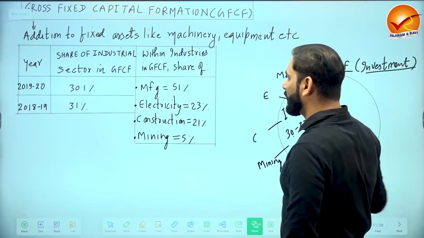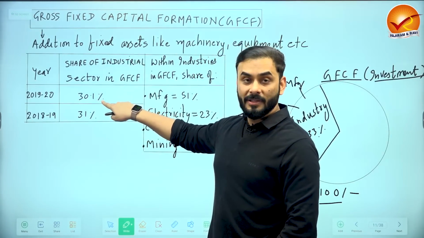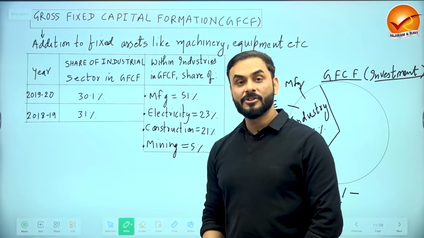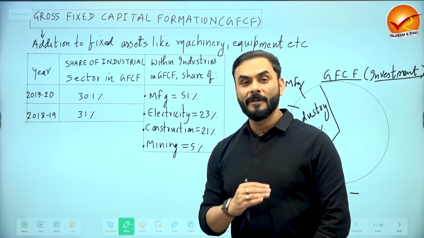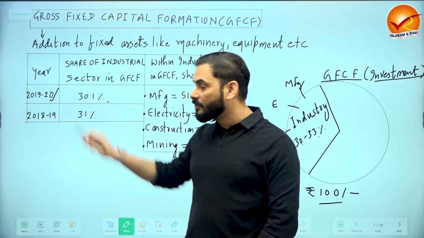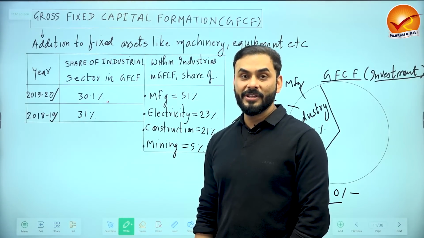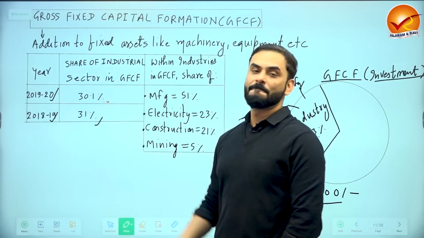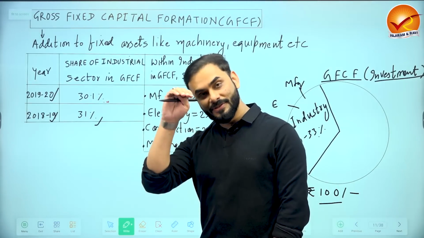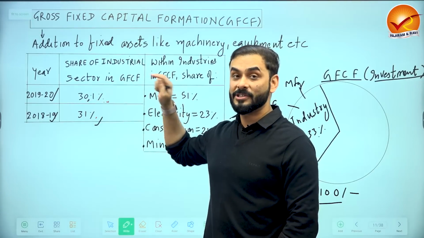We observed that in 2019, the share of the industrial sector in total investment was 30.1% in the year 2019-20. But in the year 2018-19, the contribution of industries in the total investment in India was higher. Which means even before COVID, investment in the industries was down. From 31%, it became almost 30%. So investment was coming down.